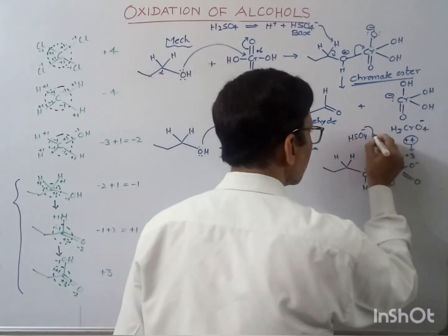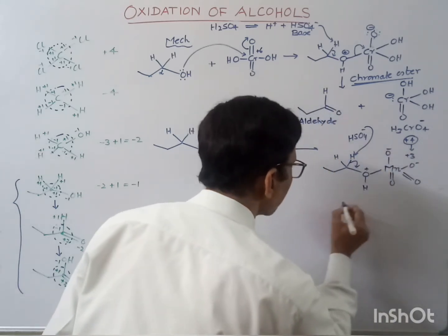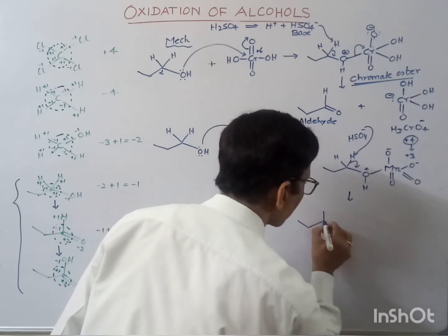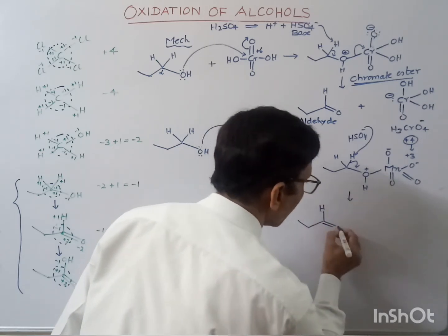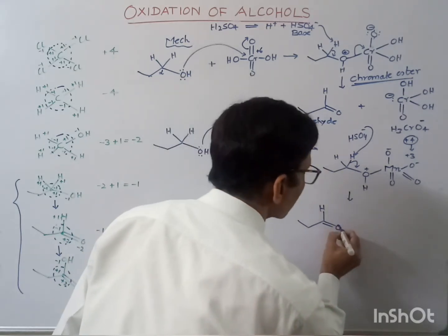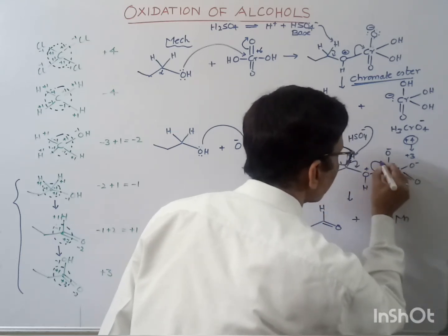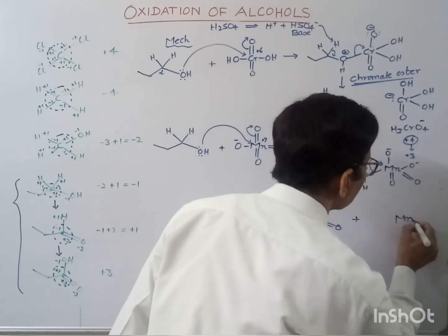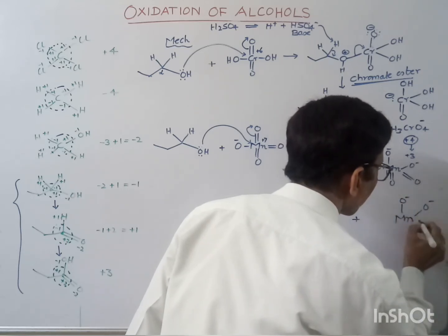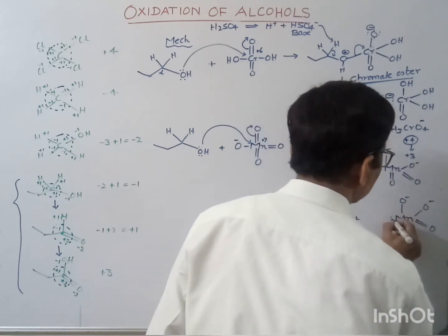It will take this one proton and form a double bond over here, and one of the hydrogens is present over here, and in the same way we will get this oxygen.